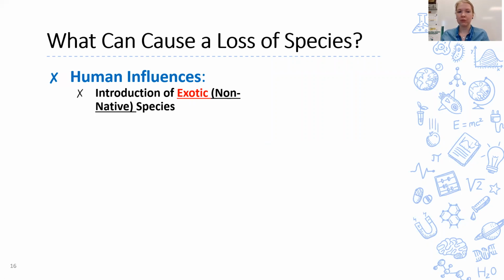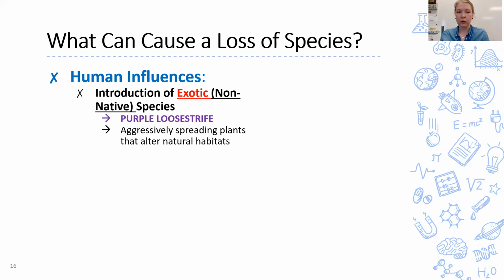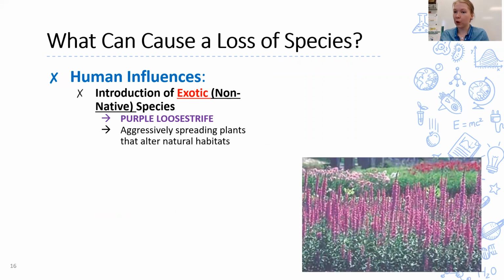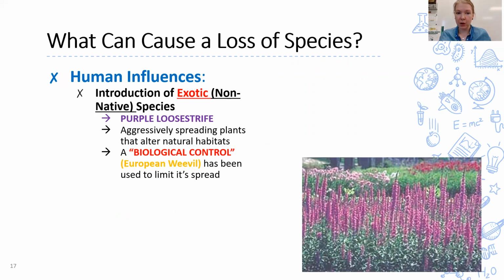And as well, introducing an exotic or non-native species. So purple loosestrife is an exotic species. And when it was brought over, it aggressively spread into the wetlands, and it altered the natural habitat. And the only way to control this without spraying pesticides was using a biological control. And the biological control that they used was the European weevil.